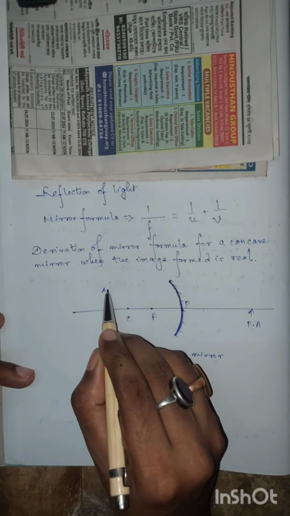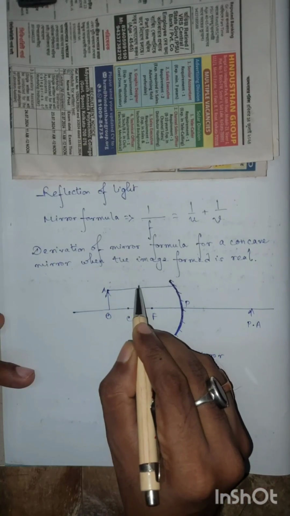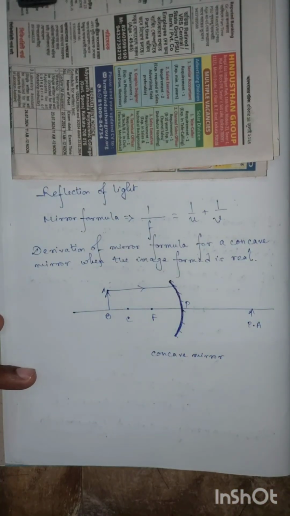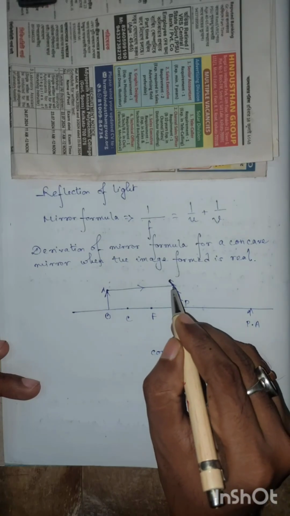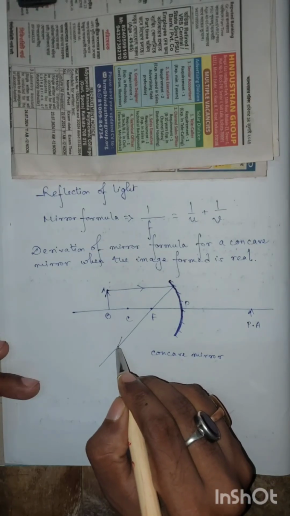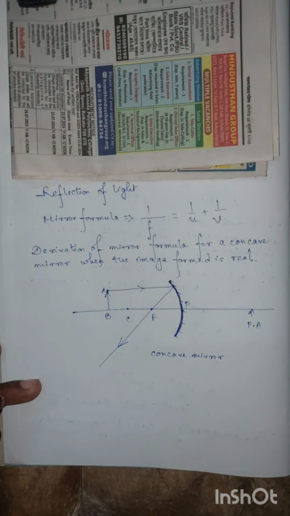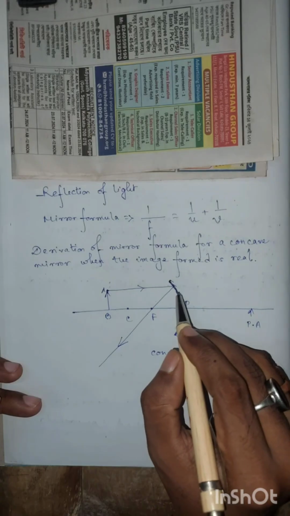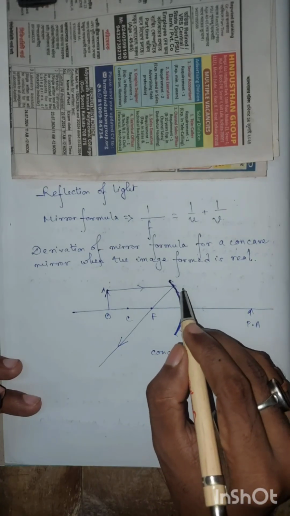The first ray goes parallel to the principal axis, and after striking the mirror, passes through the focus. Let us name this point D.